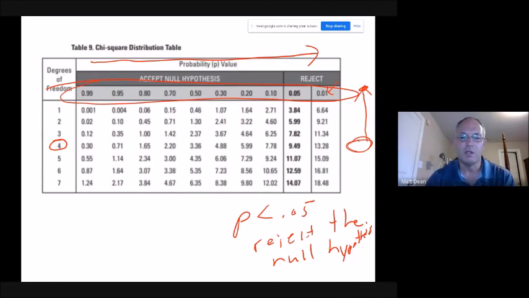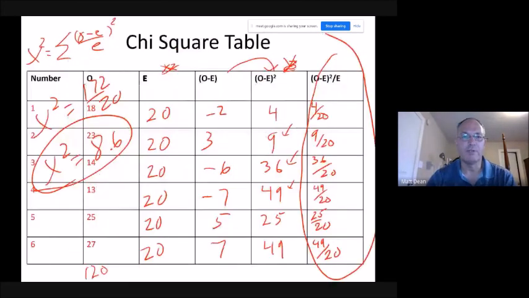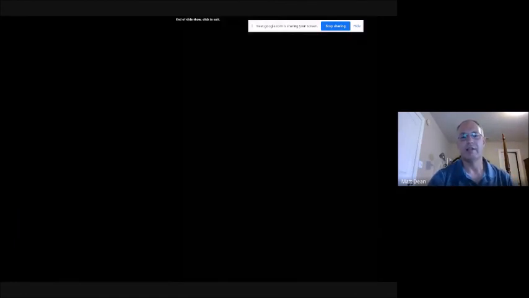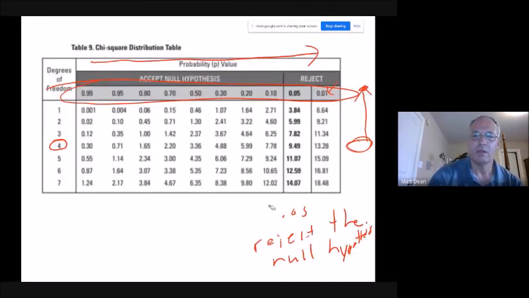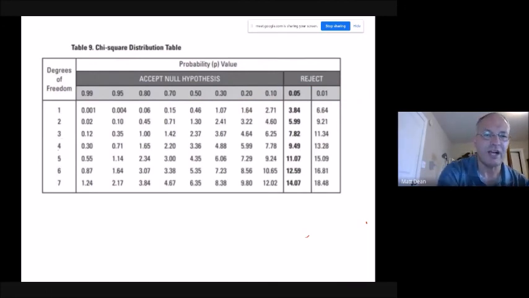Let's go and look at example 2. So in example 2, we calculated a chi-square value of 8.6, and we had 6 possible outcomes, which means 5 degrees of freedom. So let's go back to this other table right here. Remember, we're going to go to our degrees of freedom row, which in example 2 was 5.